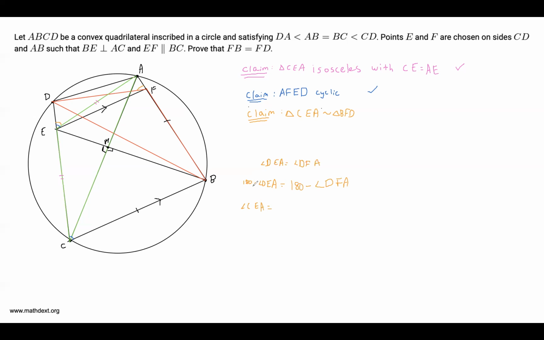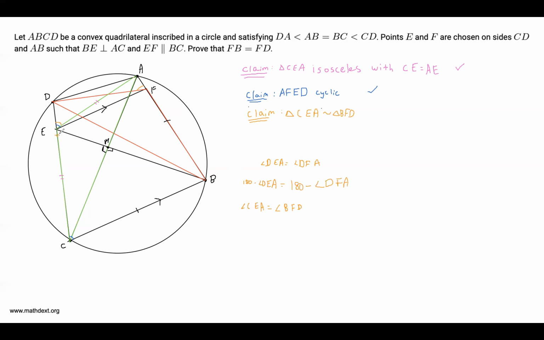And then this second angle, 180 minus angle DFA, is going to be equal to this angle, angle BFD. Okay, so that's one angle done.